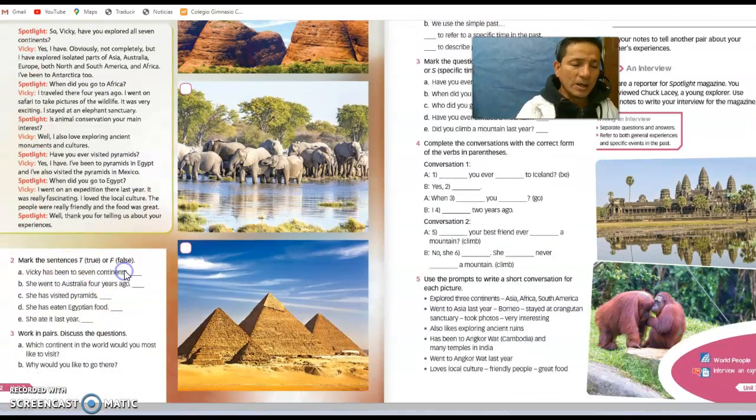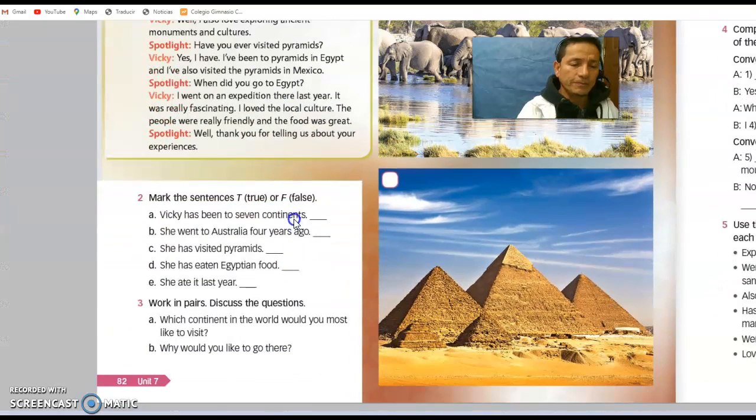So let's go to activity 2. Activity 2, mark T for true or F for false. So, Vicky has been to 7 continents. You need to write T or F. This is comprehension.